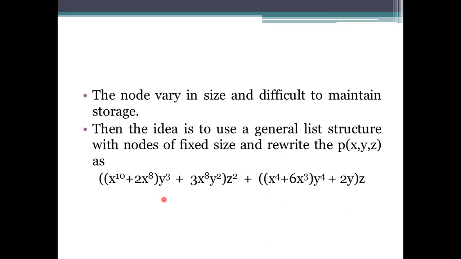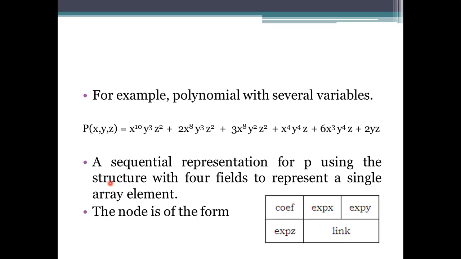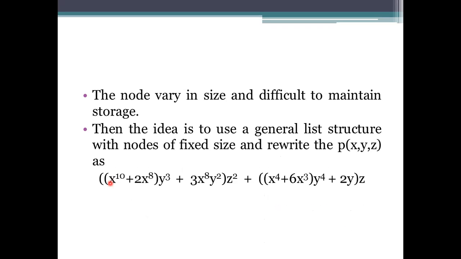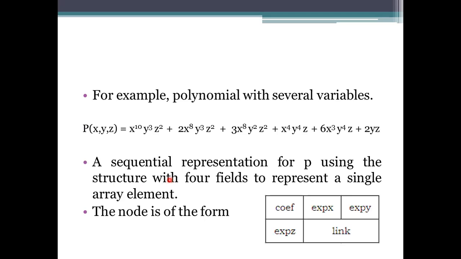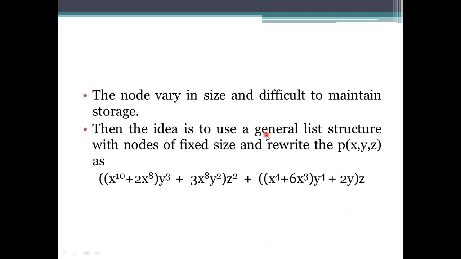First take a common factor here and represent it. This is taken from the example of the previous one. I took the example of the pxyz representation, x to the power of 10 and a x cube z square, which we are forming, and we are taking that as the example for the processing.